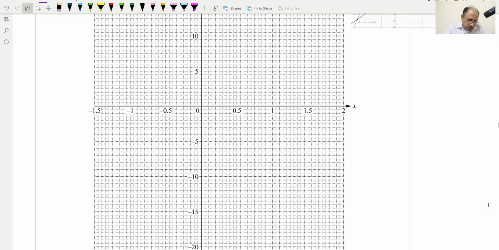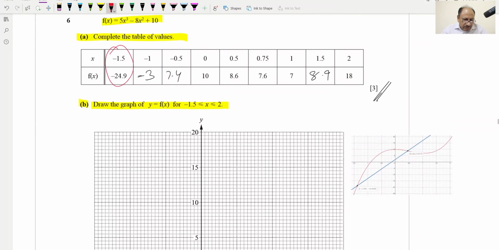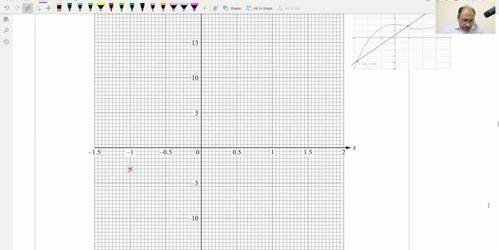So minus 1 and minus 3 will be this indication which we are done. Now the next value is minus 0.5 and 7.4, we can write over here.